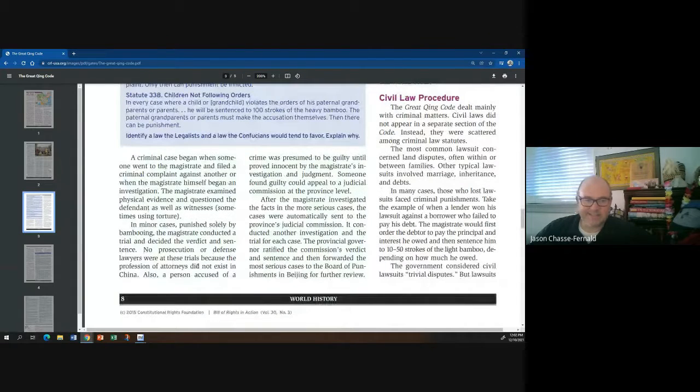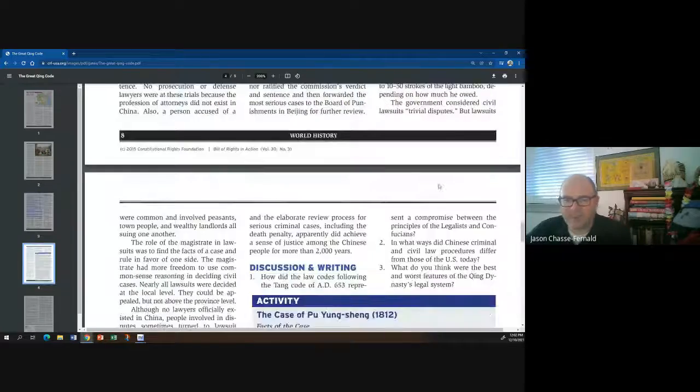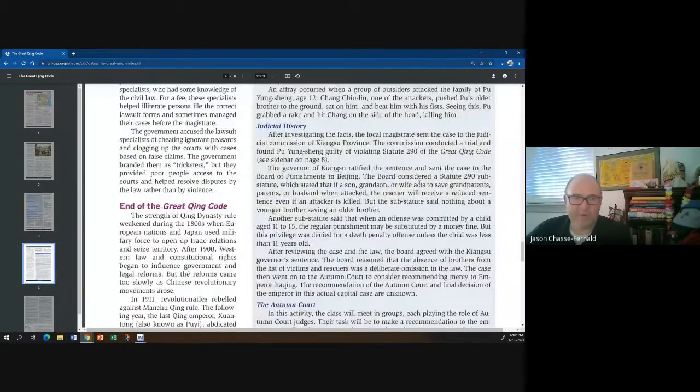There are references here to inheritances and such, but the most common lawsuits concern land disputes within families. But this is not quite the same.